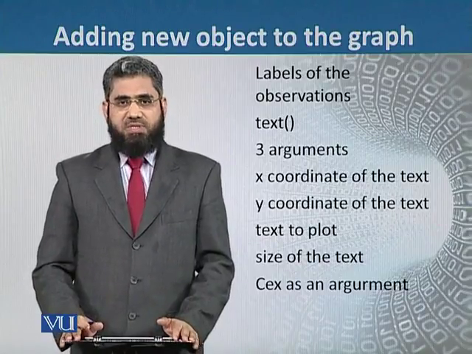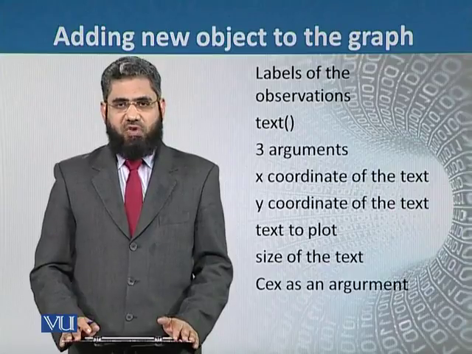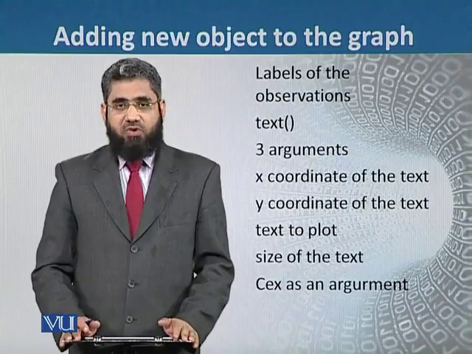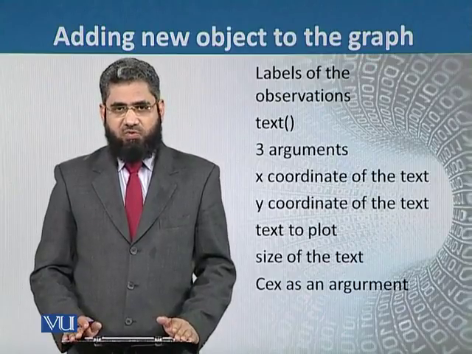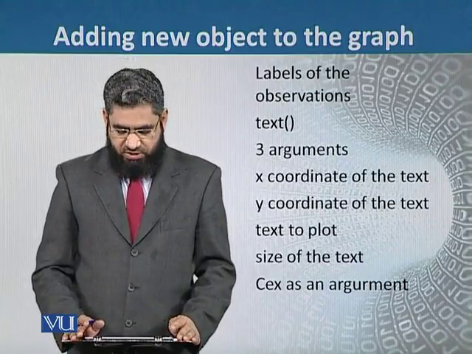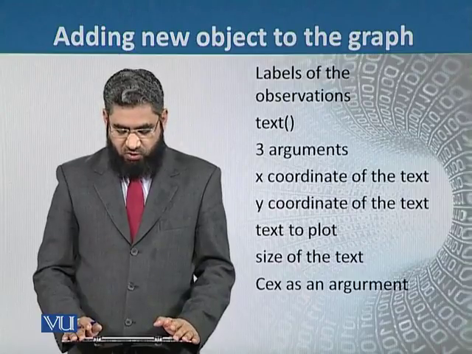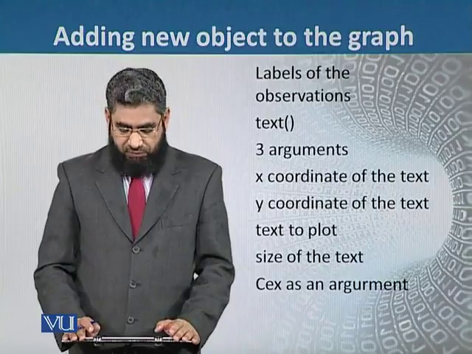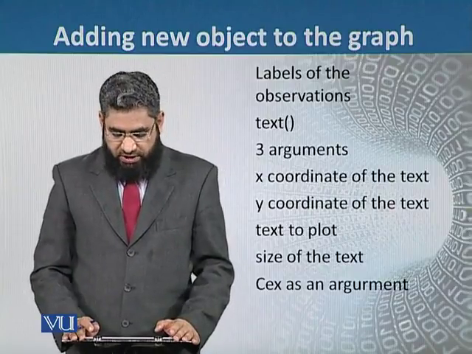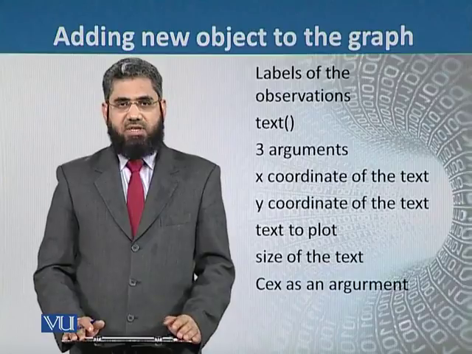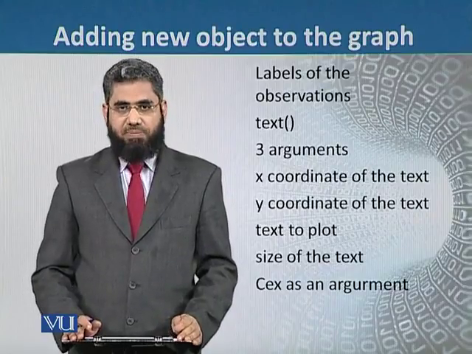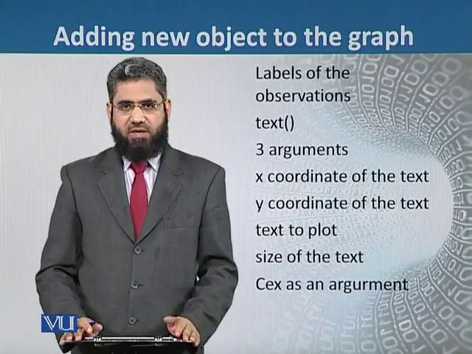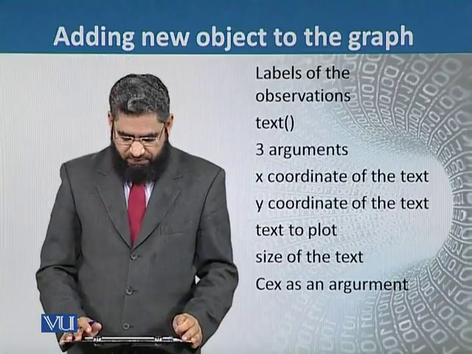For this purpose, we have to use three arguments to generate the labels of the observations present within the plot. The first argument is the x coordinate of the text, the second is the y coordinate of the text, and the third is the text to add to the plot. By using these three arguments, we can generate the values of the points.